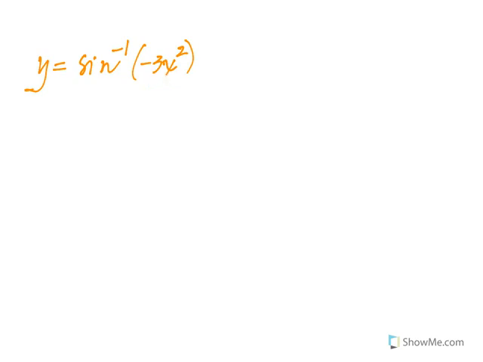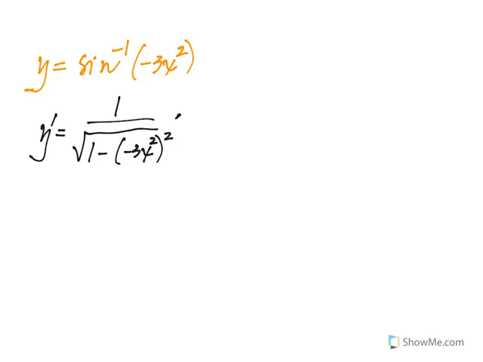And when I do the arc sine of something, what I want to do is take the derivative of just the arc sine, and I'm going to use the formula. So my y prime is equal to 1 over the square root of 1 minus u, and in this case u is negative 3x squared, so it's negative 3x squared, and then I want to square that. That is then times the derivative of what I'm arc sining. So it's this right here. This is the derivative of the innermost function. That turns out to be negative 6x to the first.